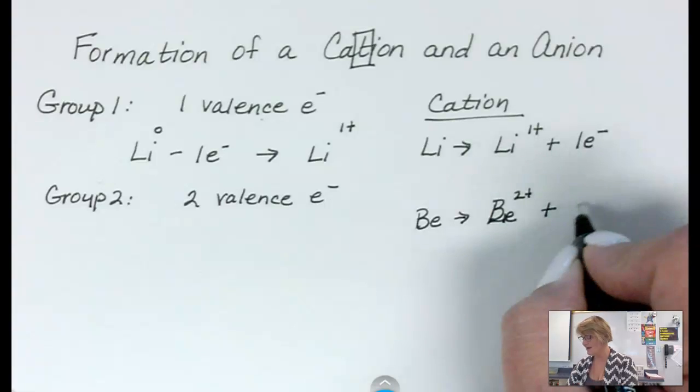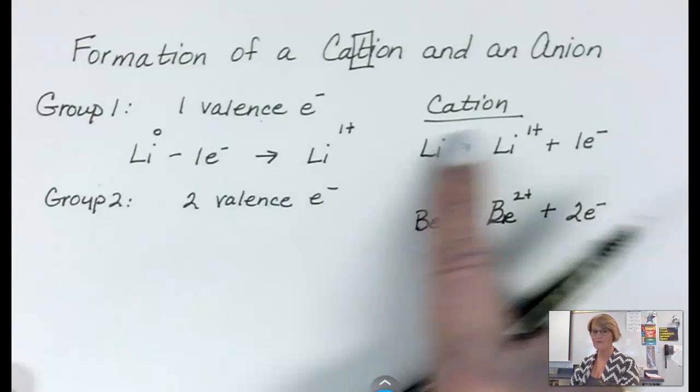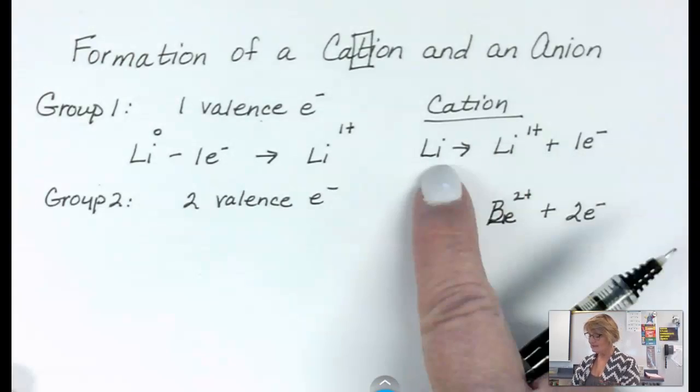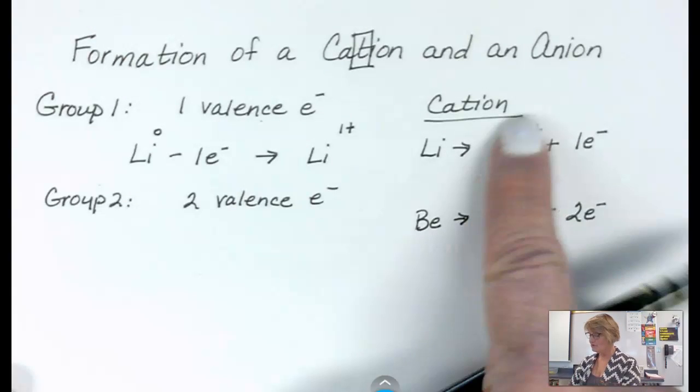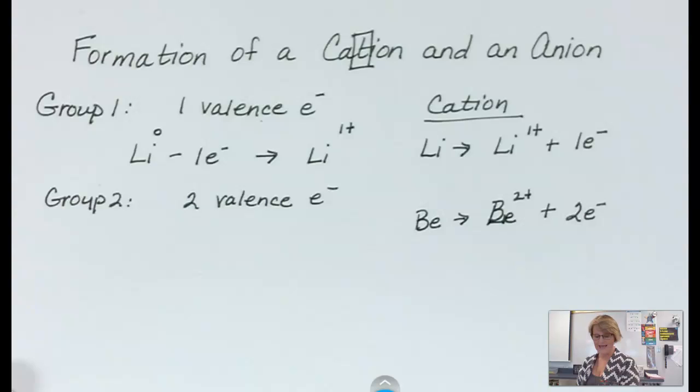In order to get back to the neutral atom, I would need to add 2 electrons to it. We could continue on with group 3 and the transition metals and so forth. That is the formation of a cation. It has just lost an electron, and we would need to add an electron back to it to get back to the neutral atom.